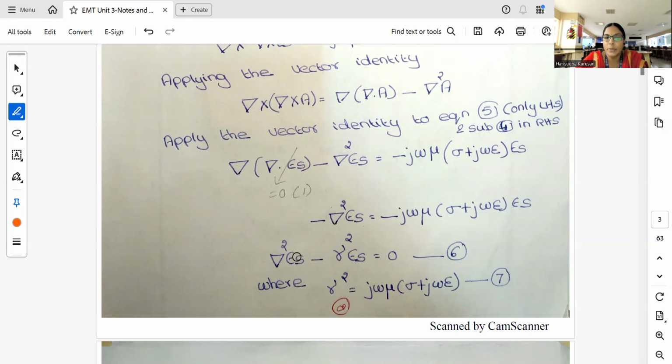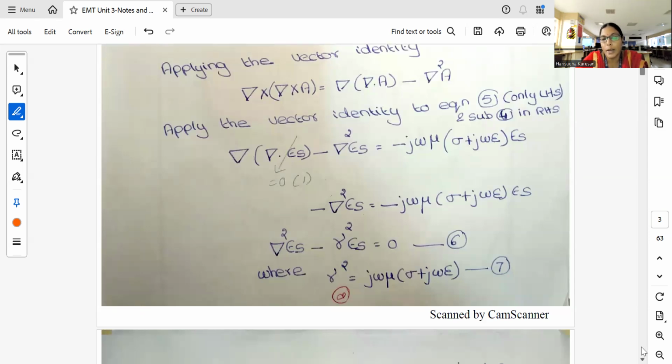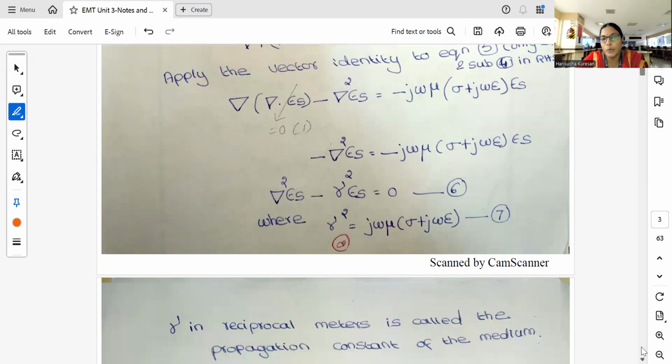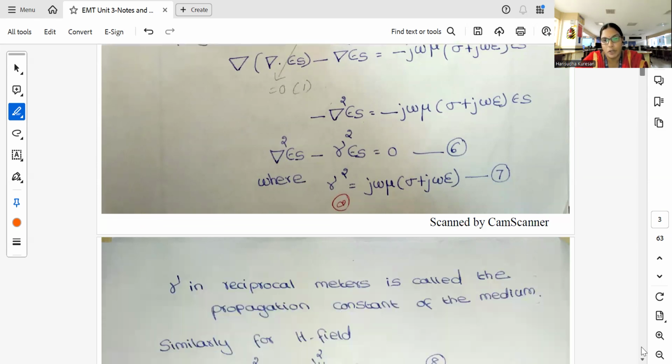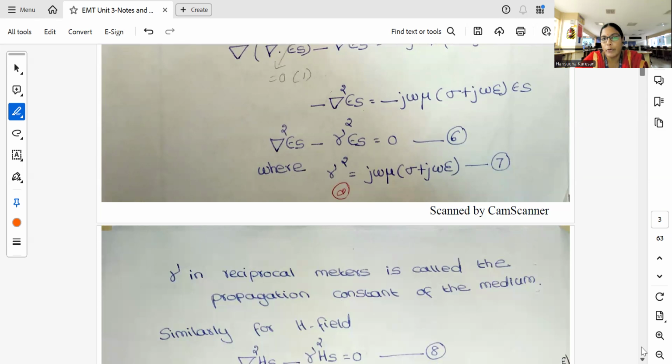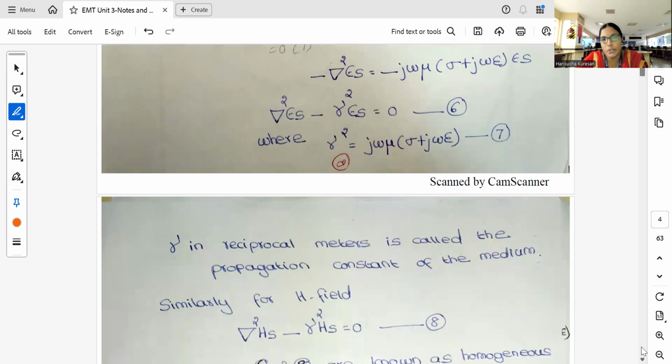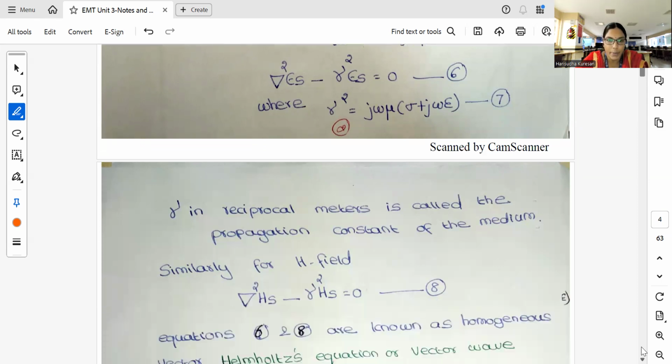So the resultant will be del square Es equal to gamma square Es. So bringing all the terms to the left hand side and equating it to 0, we get del square Es minus gamma square Es will be equal to 0, where gamma square is equal to j omega mu sigma plus j omega epsilon. So for simplification, we have made j omega mu sigma plus j omega epsilon as gamma square.